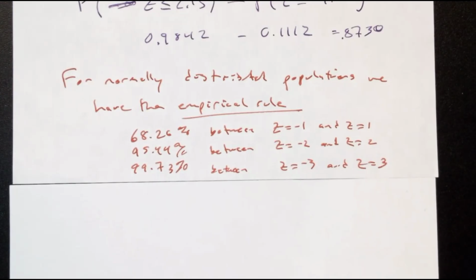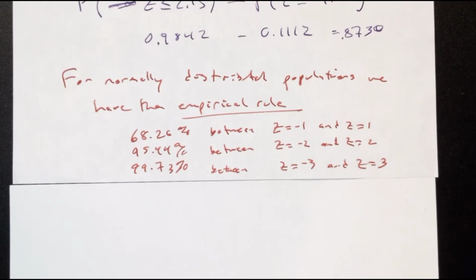Question. Assuming, as I did before, heights are normally distributed. What height would you say is the top 1% of all adult American males?